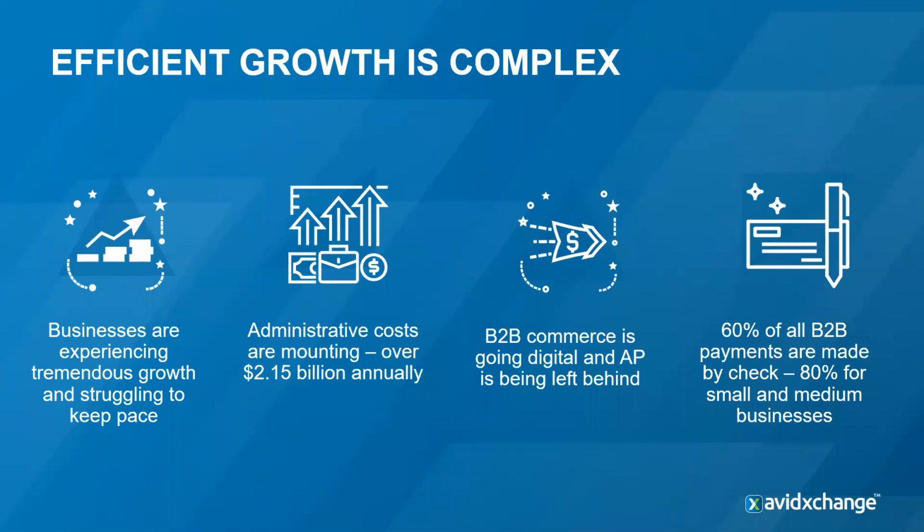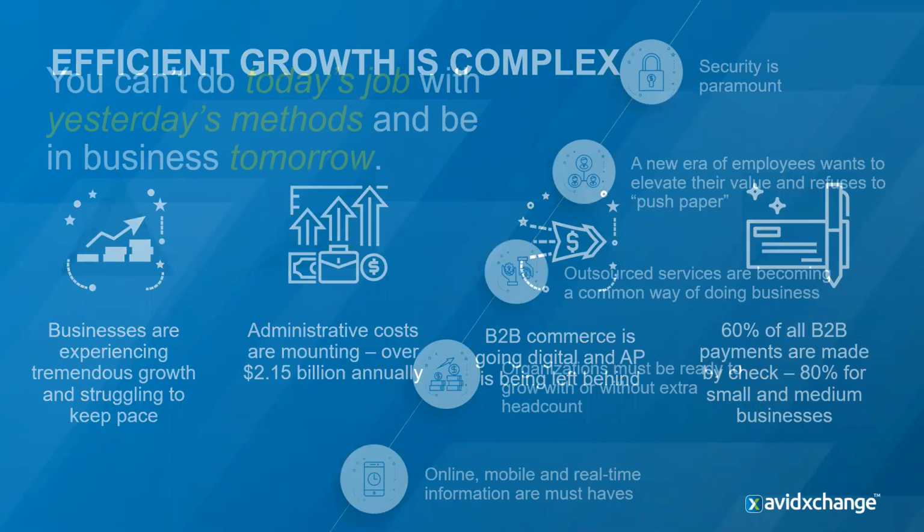As you can see, over $2 billion worth of administration costs are associated with supporting the growth of companies today. B2B commerce, though, is really going digital in payments. The funny thing is that most AP departments are being left behind because 60% of all B2B payments are still made by check, which is surprising.